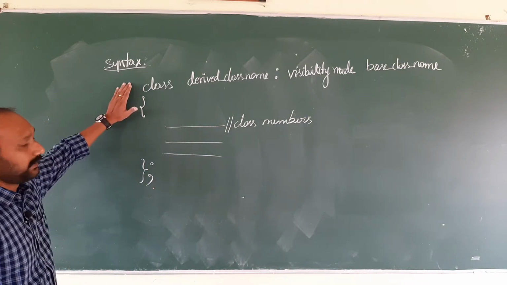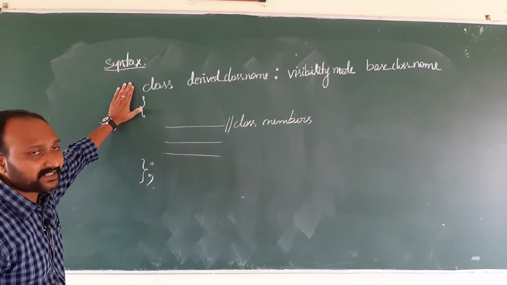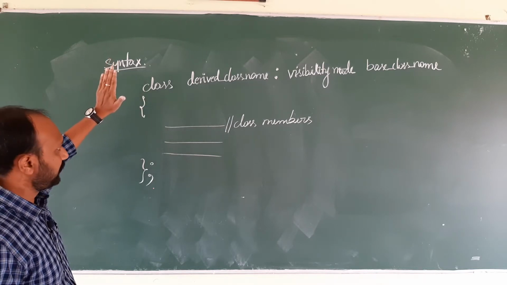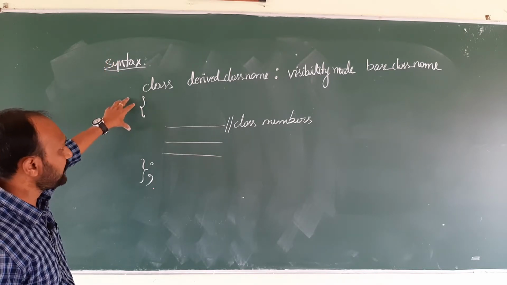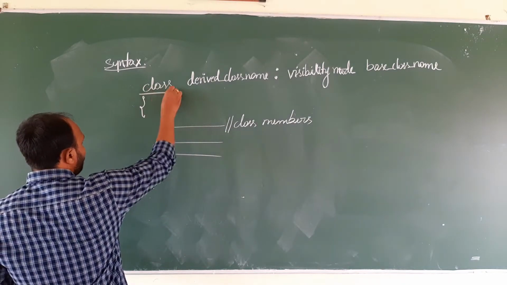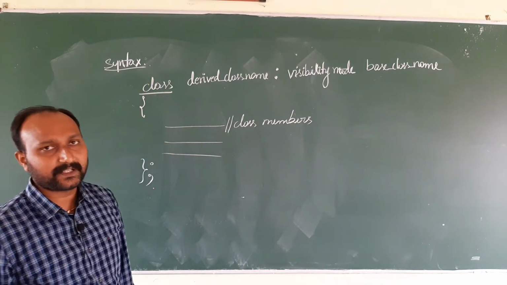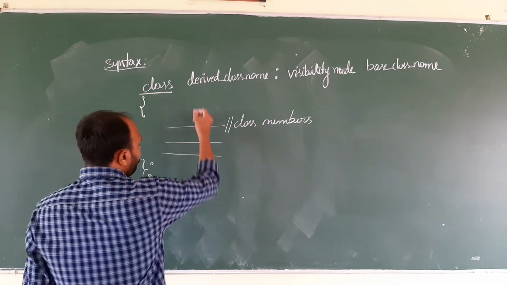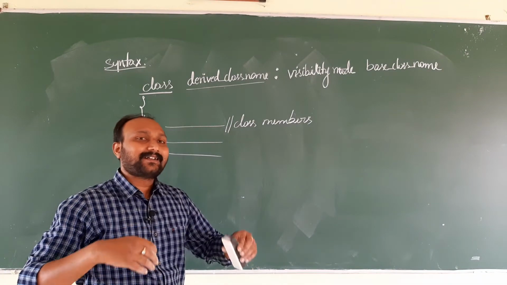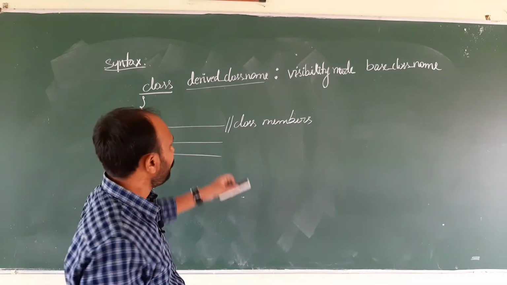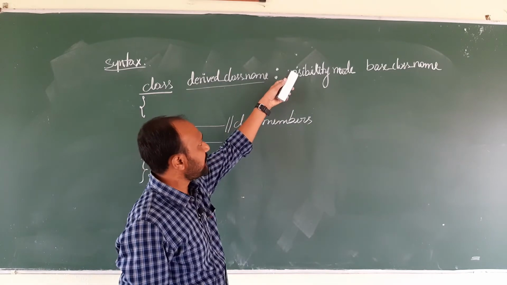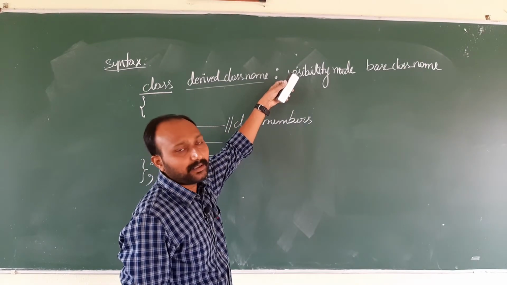So, what is the actual syntax or general format for deriving a new class? Using inheritance, first we start with the keyword class. Already we know class is a keyword, so it should be written in lowercase, followed by the derived class name. So, we will be going with a new class name, that is the derived class name, followed by a single colon. What does the single colon indicate?